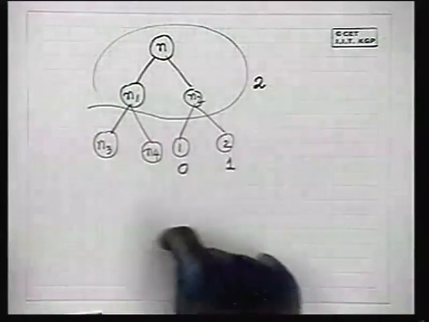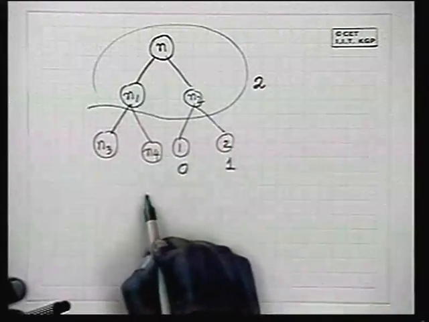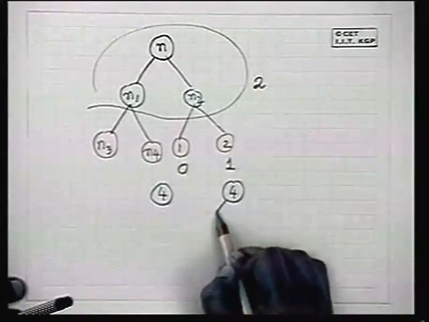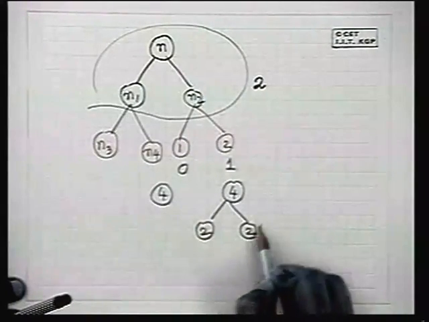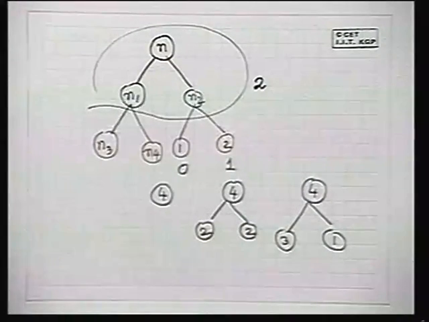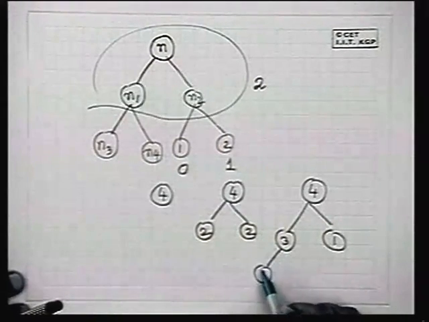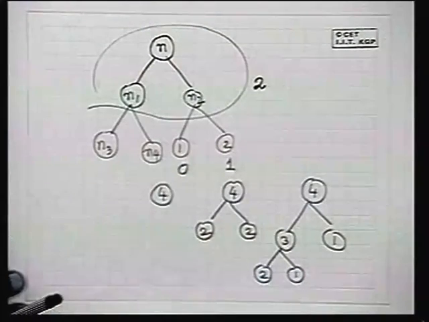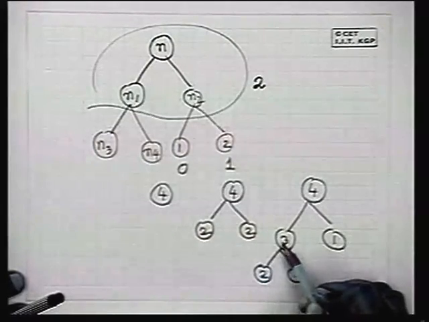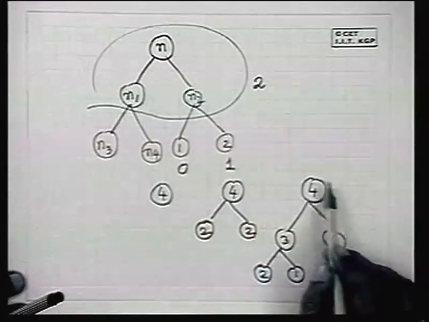So to solve the problem optimally, what would you do? Suppose you had got 4. The choice here is 4 can be split as 2, 2, and 4 can be split as 3, 1. And then 3 has to be split as 2, 1. Now whenever you split it into 2, here this is optimal compared to this, just have a look.